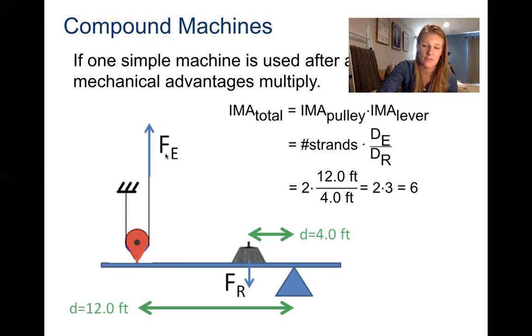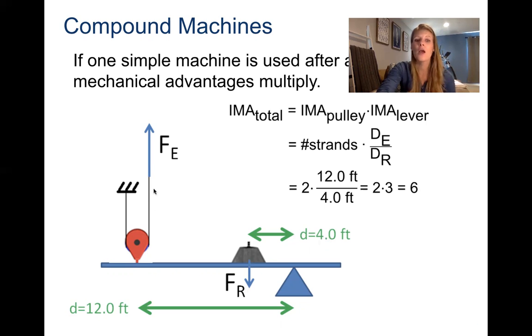Here's your effort. The distance from your fulcrum to that is 12 feet. So it's 12 feet over your DR. Here is your resistance, that's your weight. The distance there, they're telling us, is 4. So we have 2 times 3, we have 6.